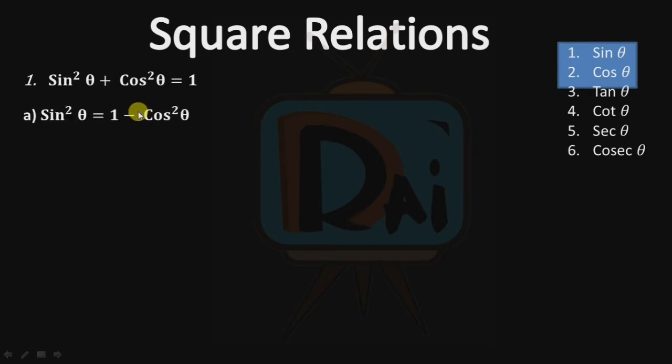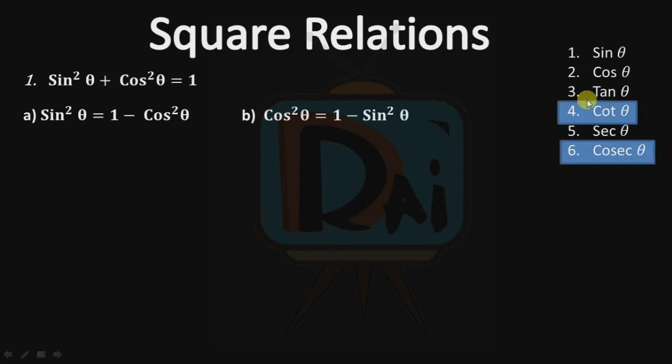So from here sine square theta is equal to 1 minus cos square theta. Or from here we can write cos square theta is equal to 1 minus sine square theta.